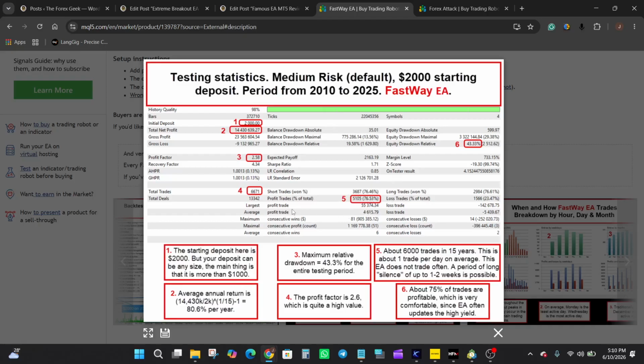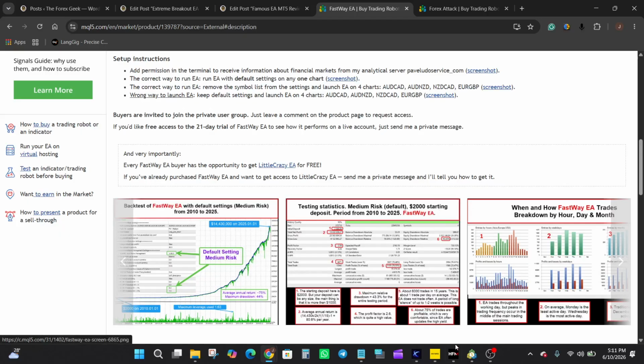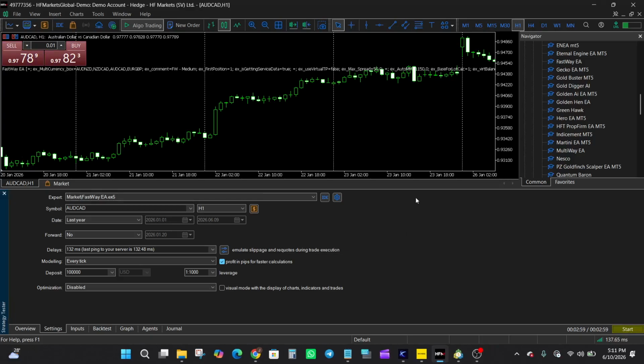All right, so considering the duration that the backtest was conducted over, it's not surprising to see a positive total net profit. But let's just quickly head over to our strategy tester so that we can also see how the EA performed over the past 5 months.